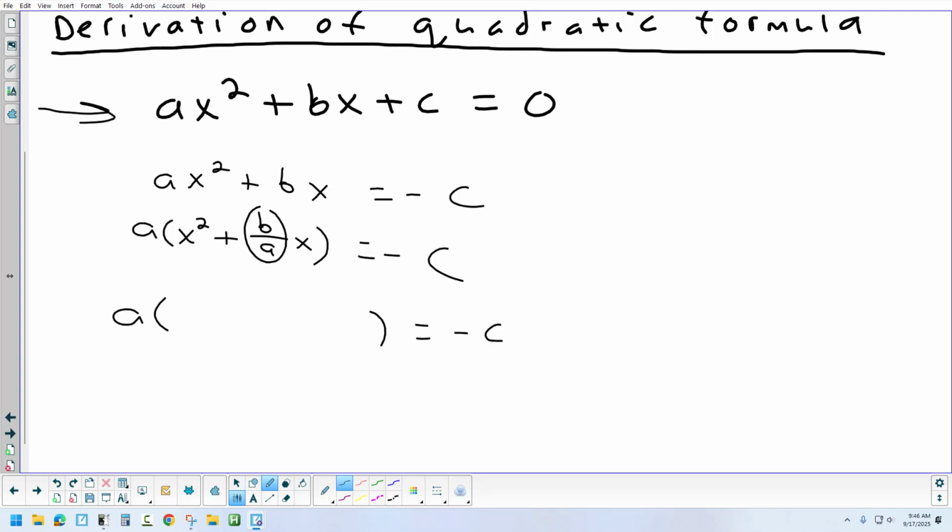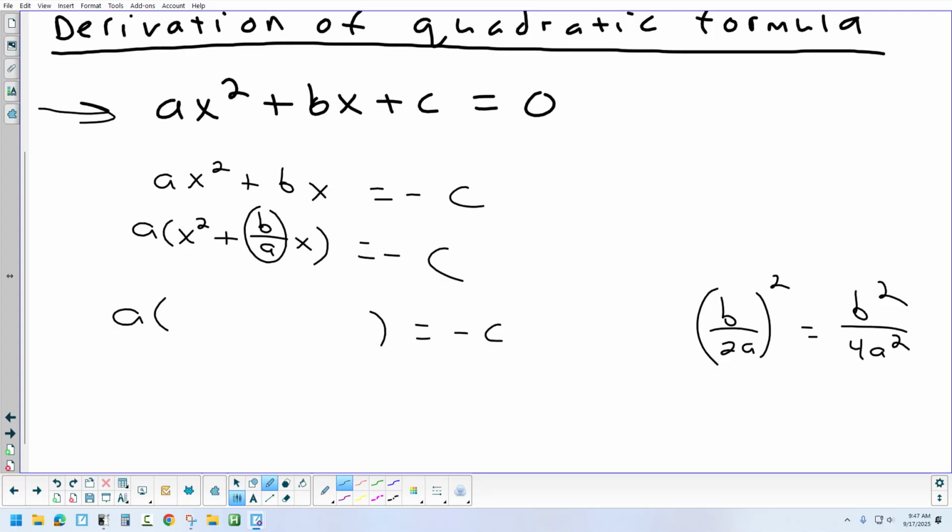Would it be b over 2a? Yep. It would be b over 2a. And then we have to square that. If we square that out, we get b squared over 4a squared. So that's what we need to put in the parentheses.